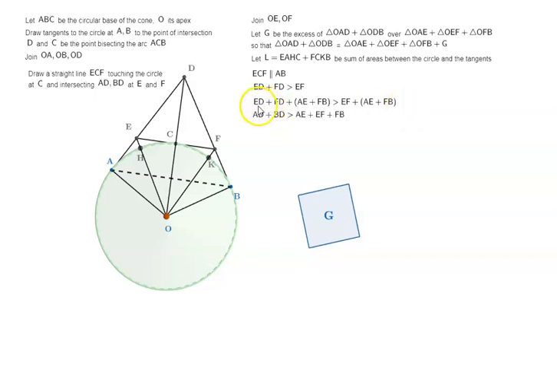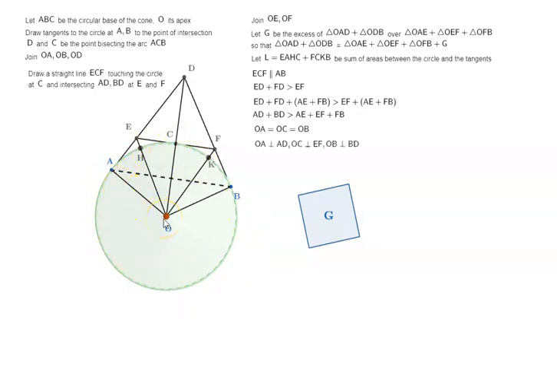Now here, if you notice, ED plus AE is AD, and FD plus FB is equal to BD. So AD plus BD is greater than AE plus FB plus EF, and OA is equal to OC is equal to OB, because they are all generators of this cone.